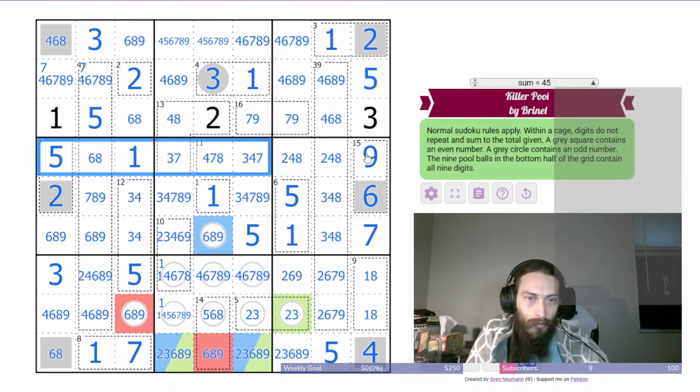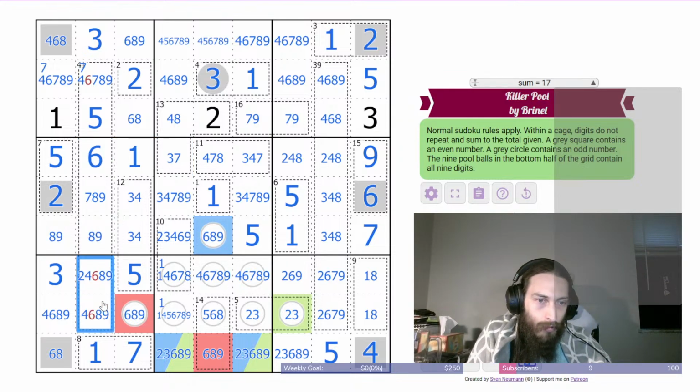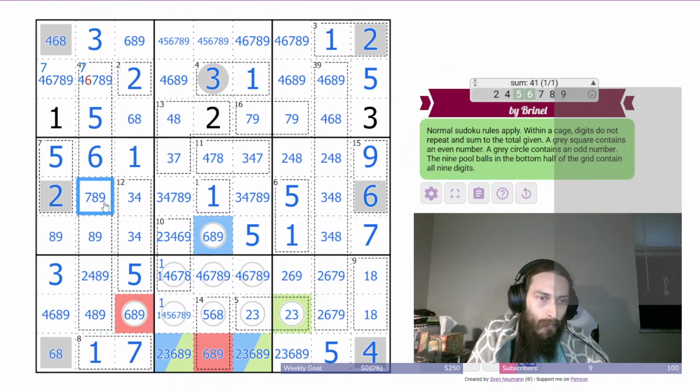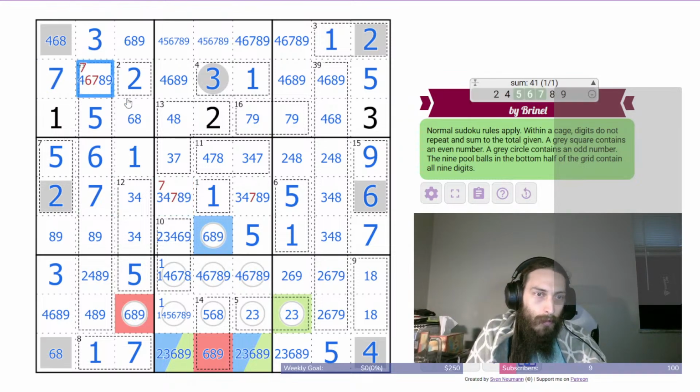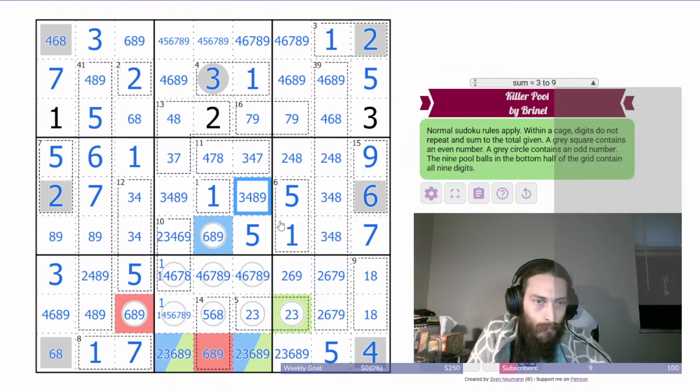Where's 6? Not there, not there. That can't be a 6, because that can't be a 5. So this is our 6. This ends up being a 7. Makes that a 7. And 8, 9 makes this a 6.